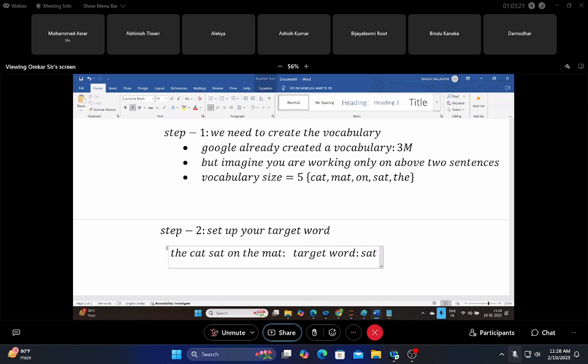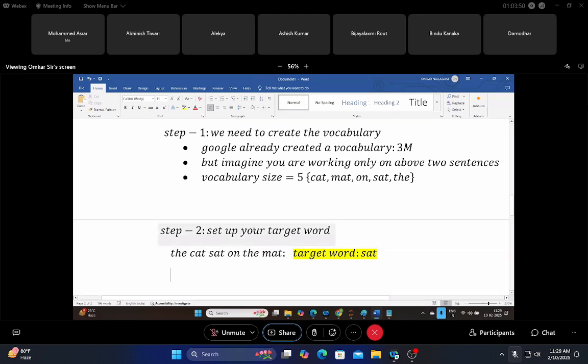We take the middle one because it looks better. If you take mat, the right side is not there, only left side words. Like that. So target word is equal to sat.